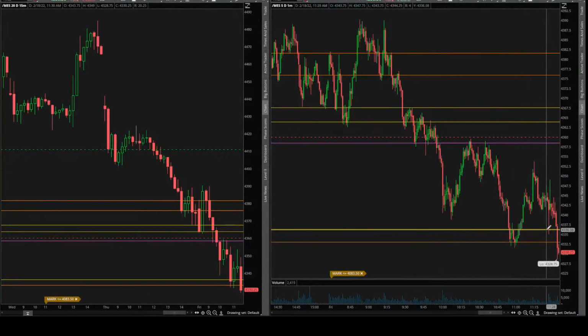Well, that wick was nice there. Good for a bit of a spike. It did what it was supposed to do.